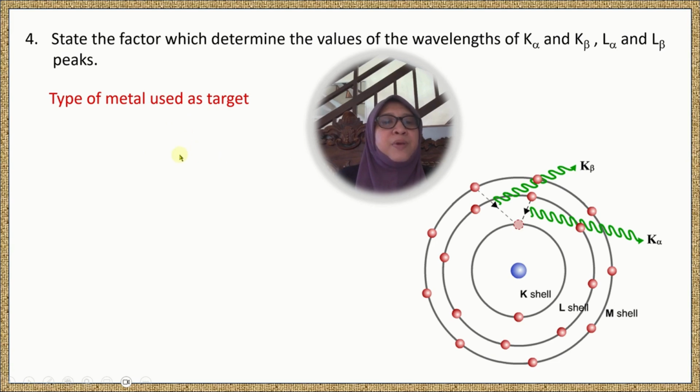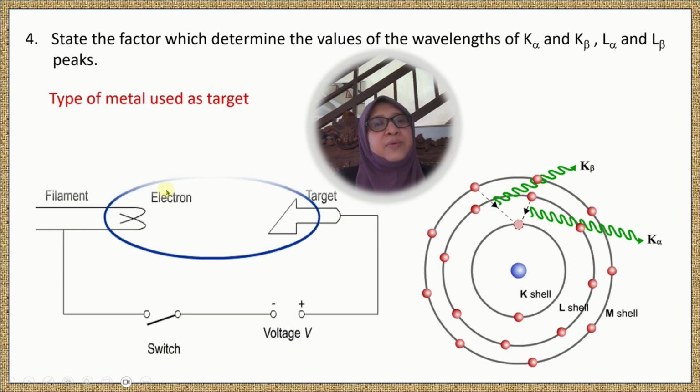If we plot the characteristic lines and compare the two from two metals, they will not be at the top of each other if we draw them together in the same graph. Okay, now we go to question 5.